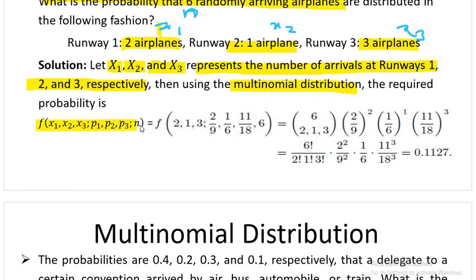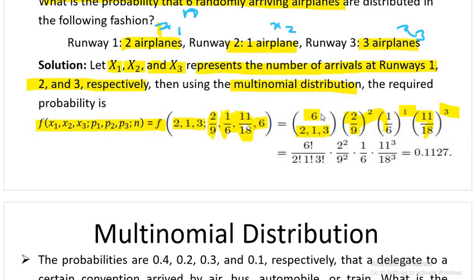Basically, they ask the probability that 2 use runway 1, 1 uses runway 2, and 3 use runway 3. These are the probabilities of runway 1, 2, 3, p1, p2, p3, and the total number of trials is 6. So the answer is 6 choose x1, x2, x3, p1 to the power x1, p2 to the power x2, and p3 to the power x3.